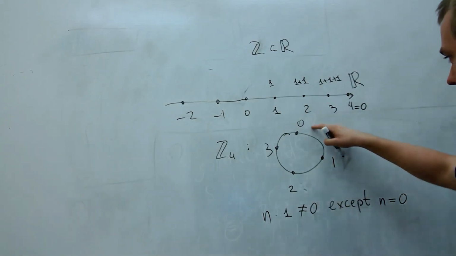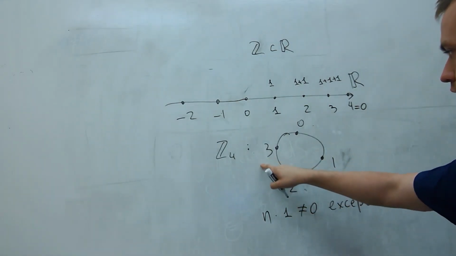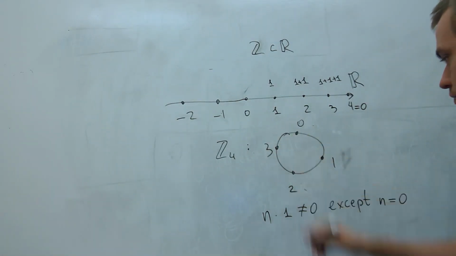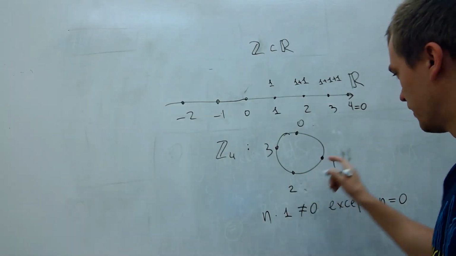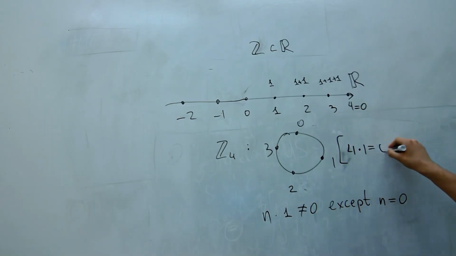But in this case, 1 plus 1 is 2, 1 plus 1 plus 1 is 3, 1 plus 1 plus 1 plus 1 is 0. So for this circle, we have 4 times 1 equals 0, and in this case your n is equal to 4.